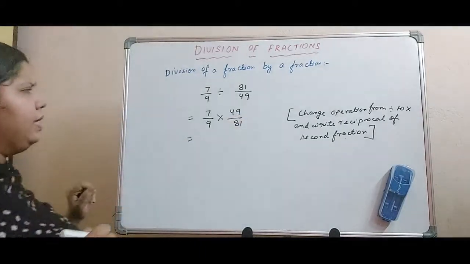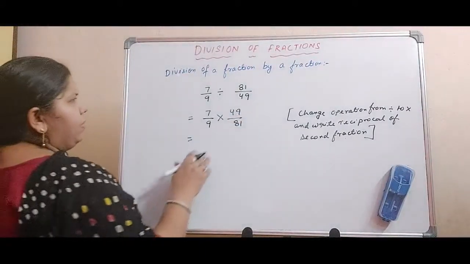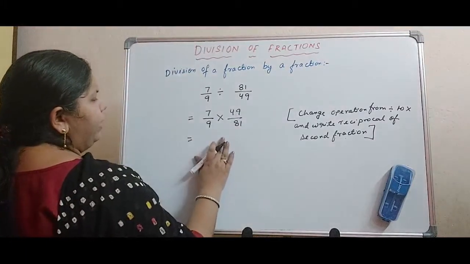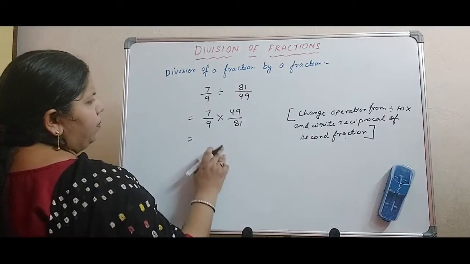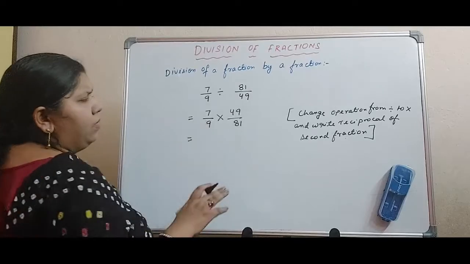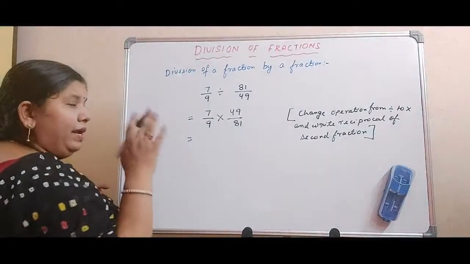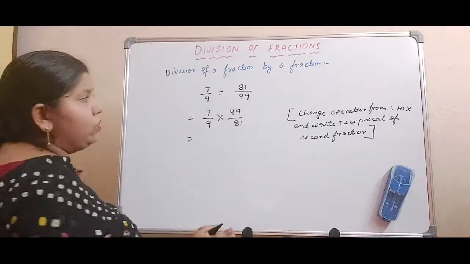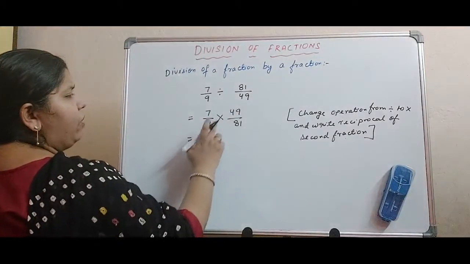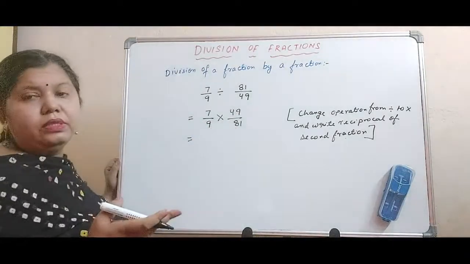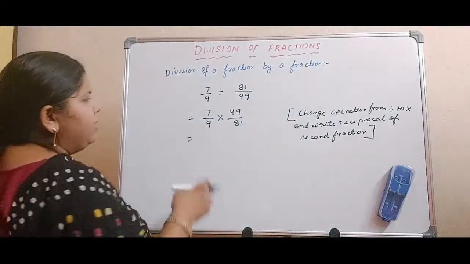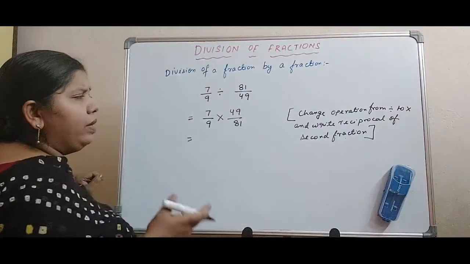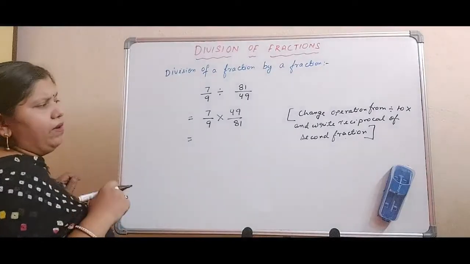So you can see that you cannot cancel out common factors, because 9 and 49 cannot get cancelled out, there is no common factor between them. 7 and 81 also cannot get cancelled out because there is no common factor between them.